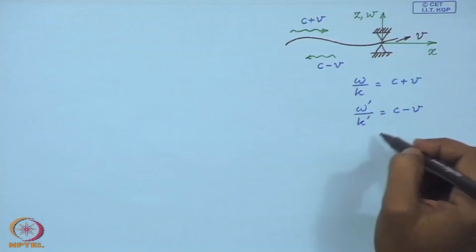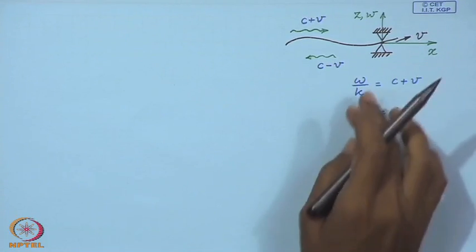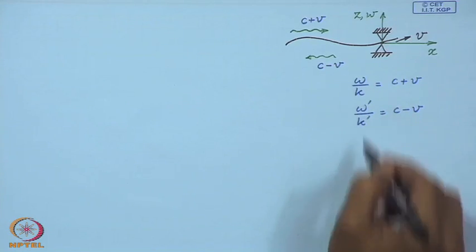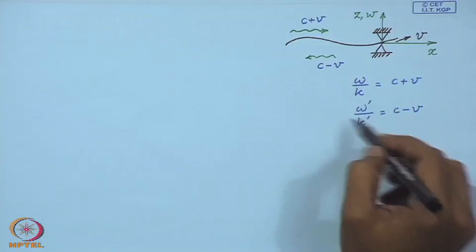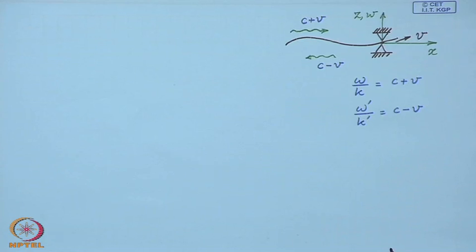Unlike in the case of a static string where they must be equal, now since the speeds in the two directions are different, we have to be careful that these may in general be different.